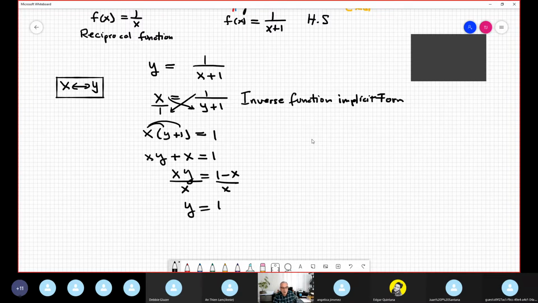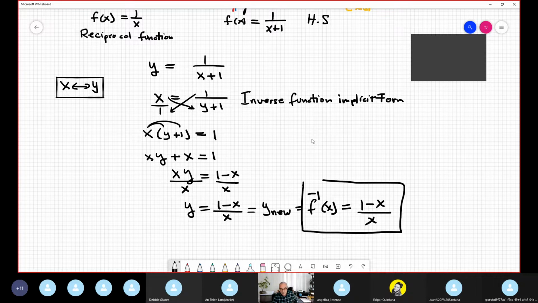Y alone is equal 1 minus x divided by x. And this is the new y. And this is the inverse function. Conclusion, the inverse function expressed in explicit form is this function. We prove that it exists, and we prove also that it is equal to this expression.